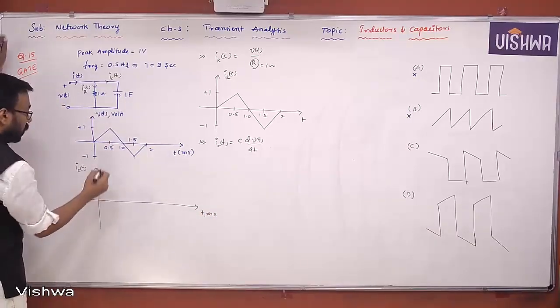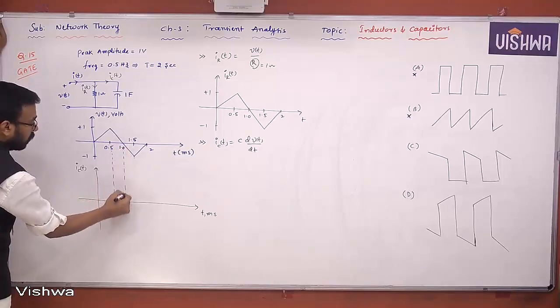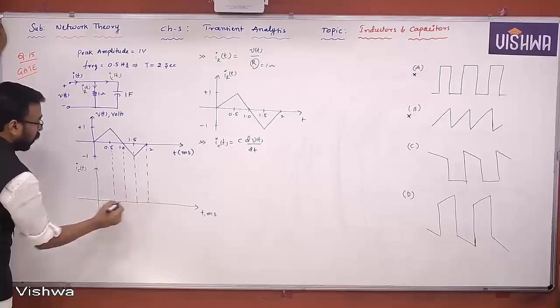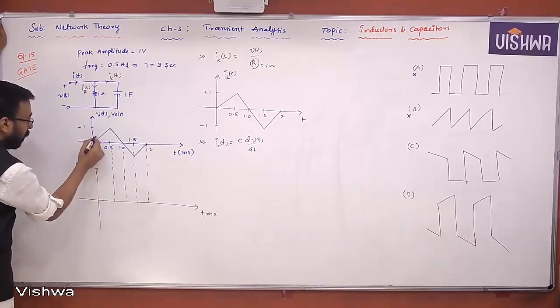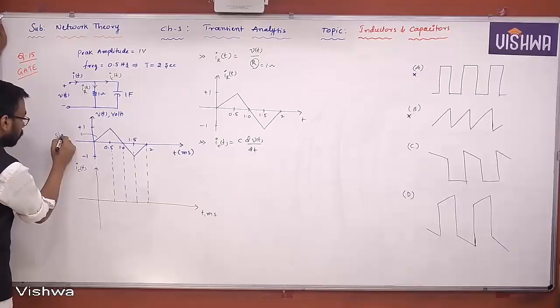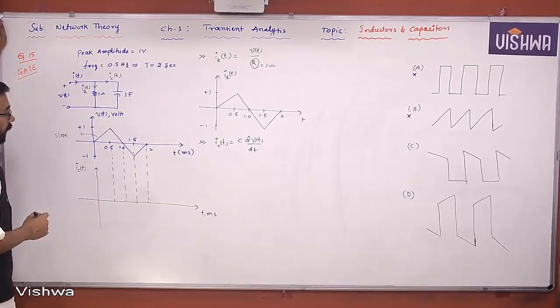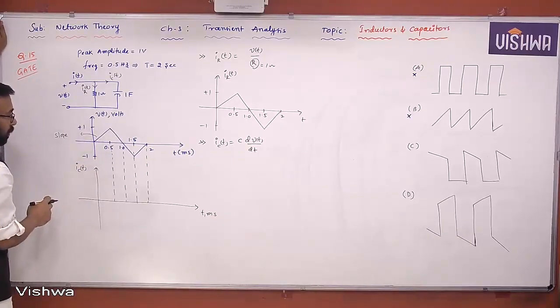Now, let me draw it. So what do you get here? What is the slope of it? Slope, what do you get? 1 by 0.5, yes or no? So what do you mean by 1 by 0.5?